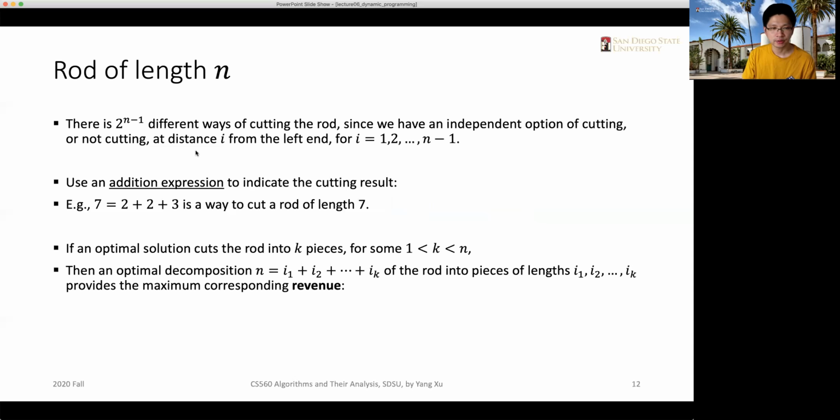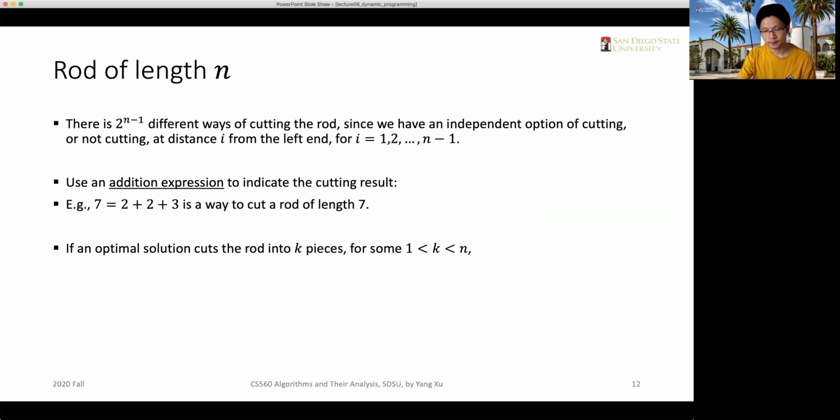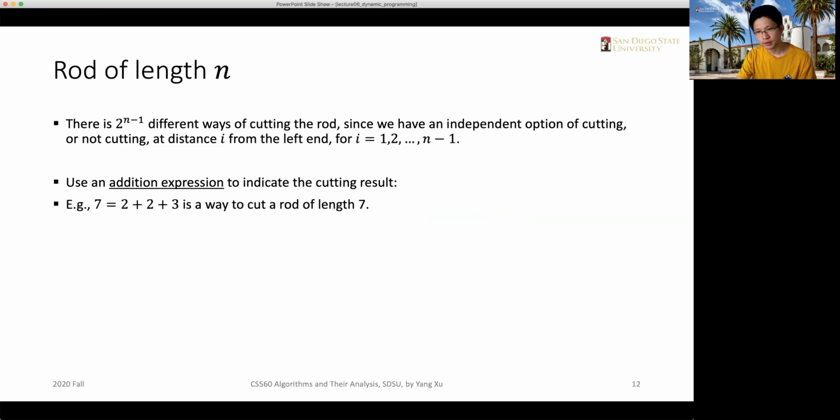So that is the notation that we need to know. Next, there are some important notations we will use.